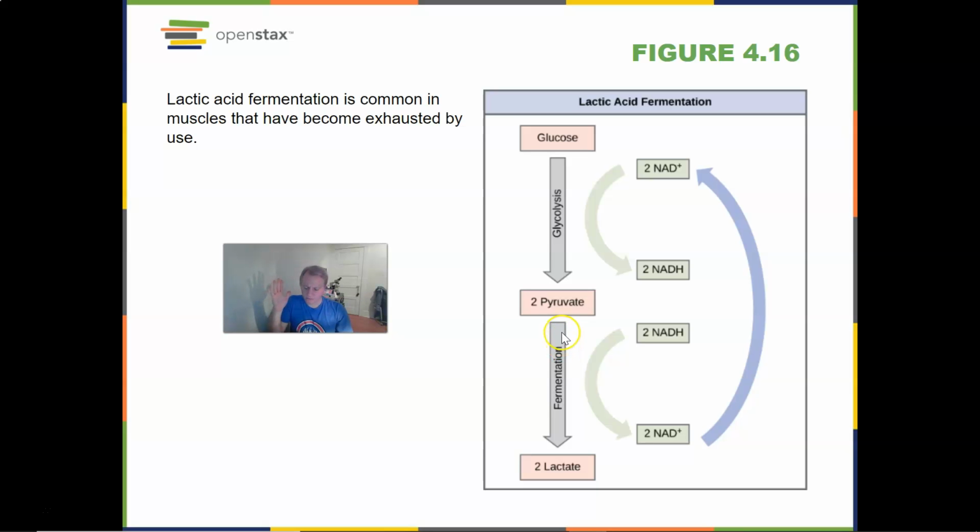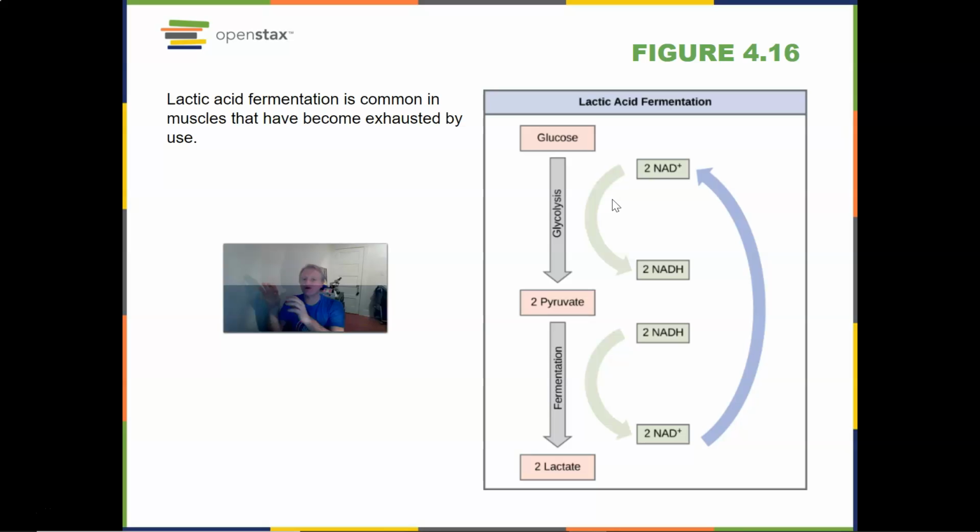So the point of glycolysis is to start breaking down glucose and to generate ATP, NADH, and pyruvate, which can continue on in the cellular respiration pathway to generate a whole bunch of ATP. That's the whole point of glycolysis. If you don't have any NAD, glycolysis ceases, right?